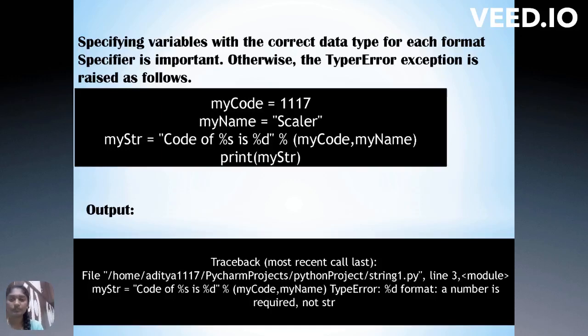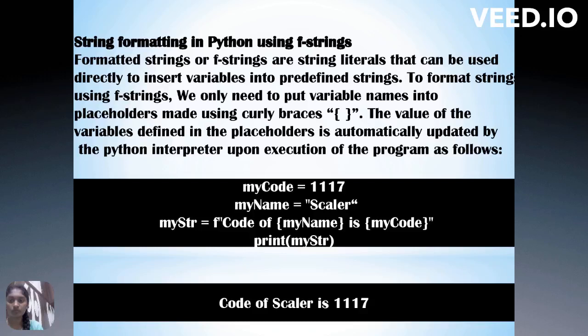Next, string formatting in Python using f-string. Formatted strings or f-strings are string literals that can be used directly to insert variables into predefined strings. Using f-strings, we only need to put variable names into placeholders made using curly braces.